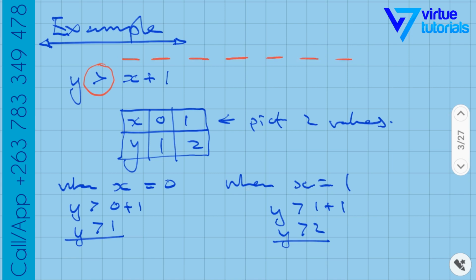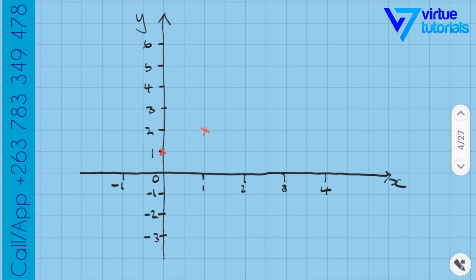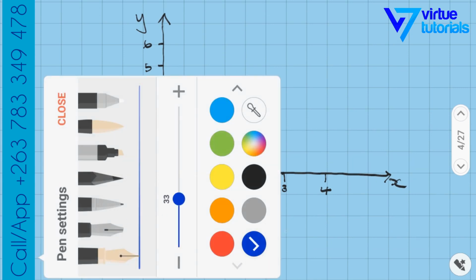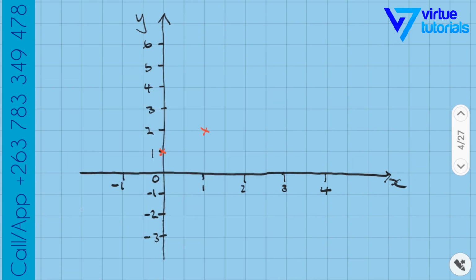So you take your ruler and draw your broken line through those points. Then I can label that y is greater than x plus 1.